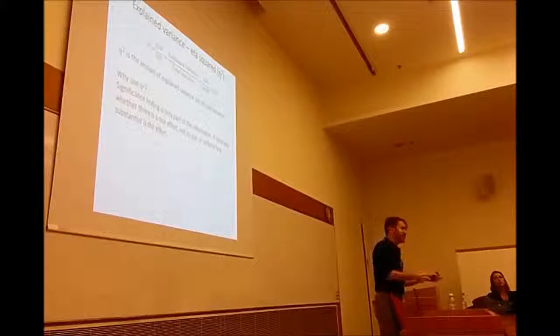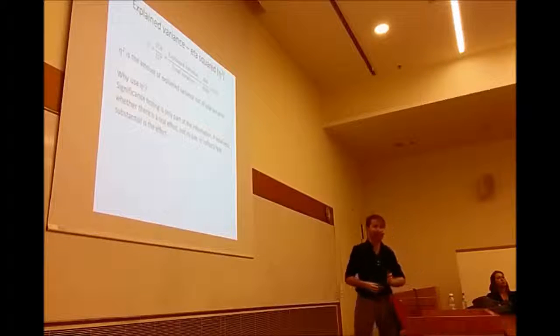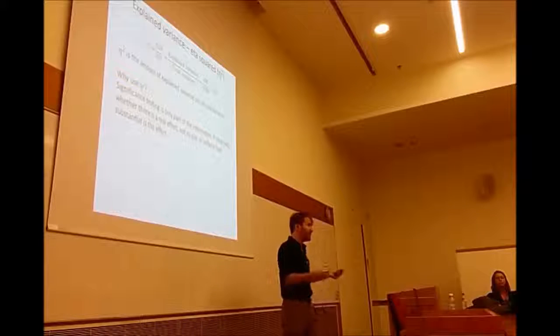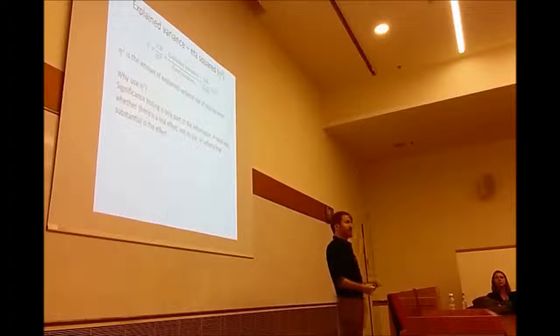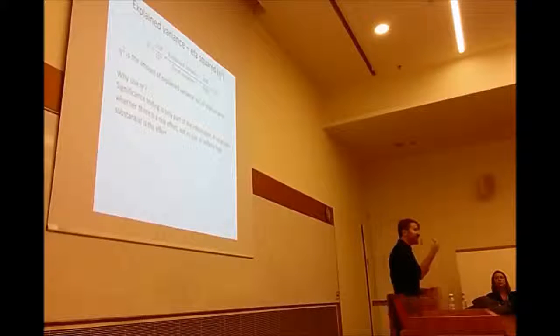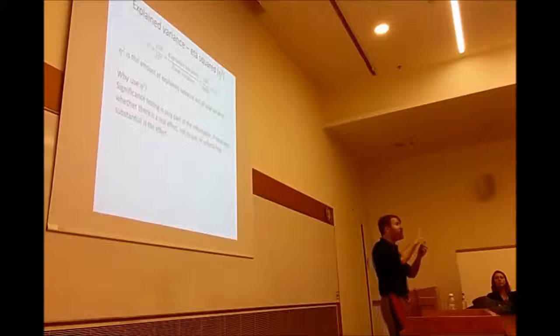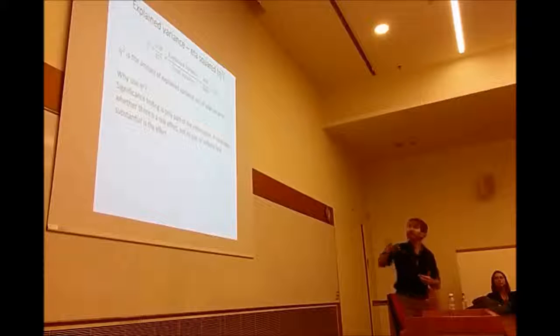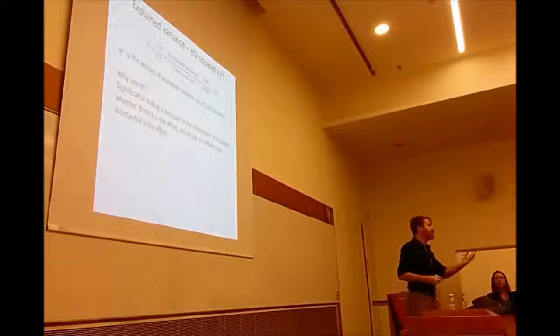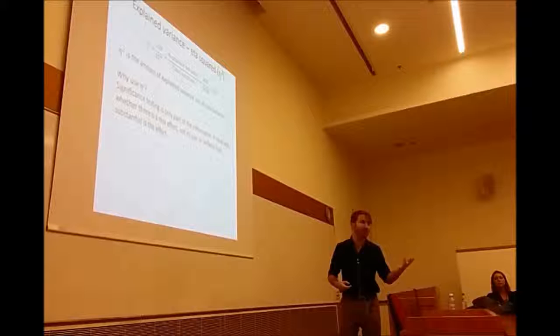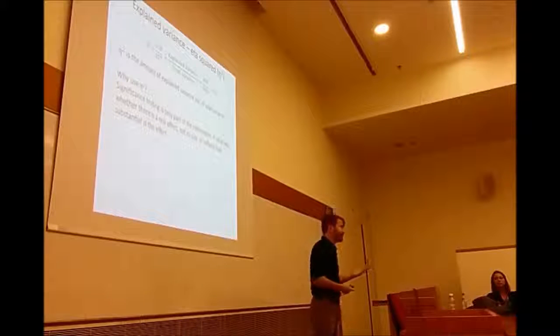Eating processed meat will enhance your chances of getting cancer. But then you can look at the fine details. The fine details will say, how much more? By how much will it increase my chances of getting cancer? So eta squared will tell you how substantial your effect is.